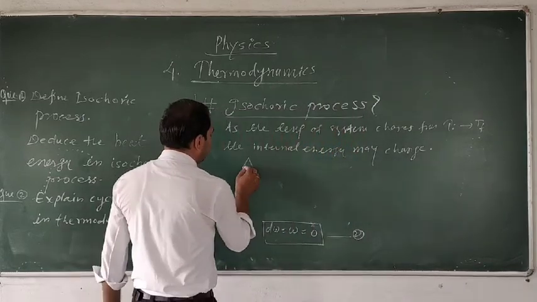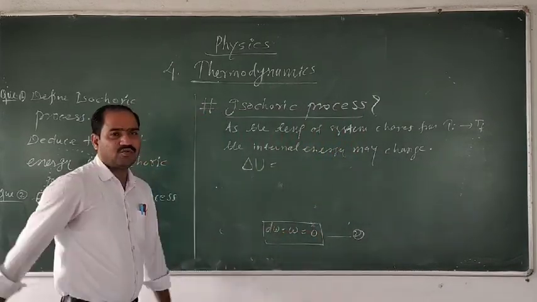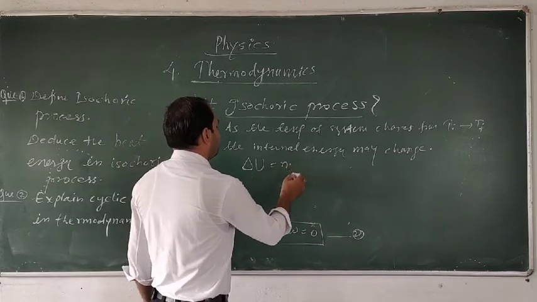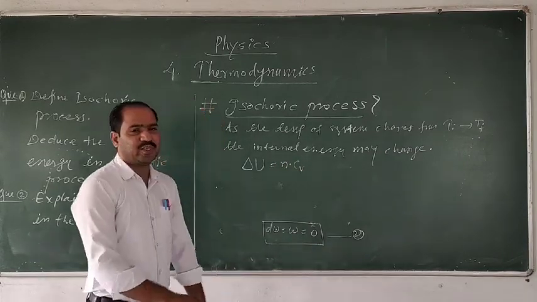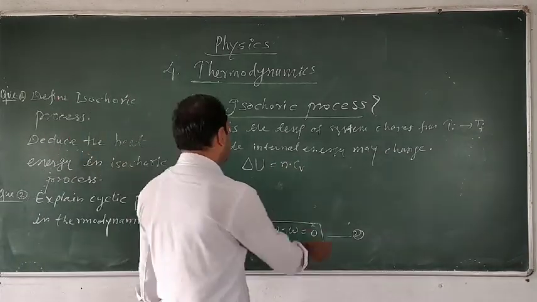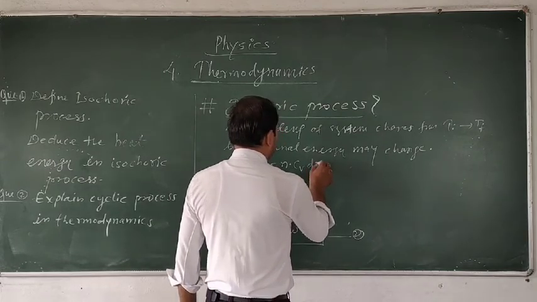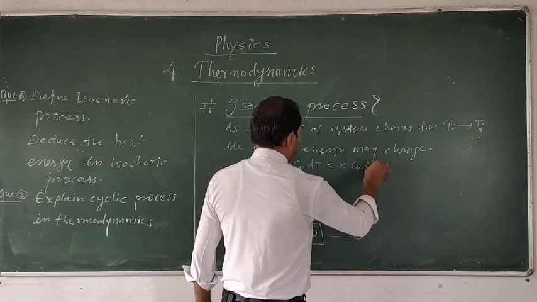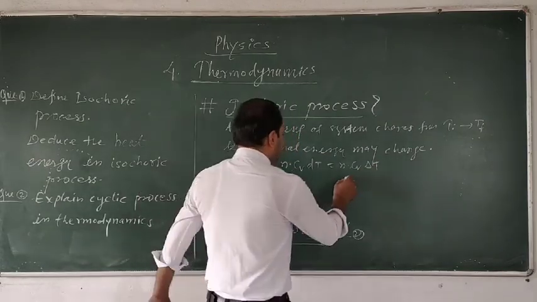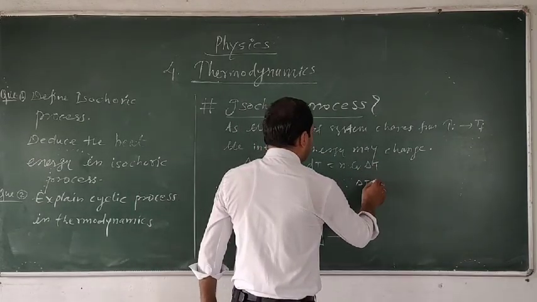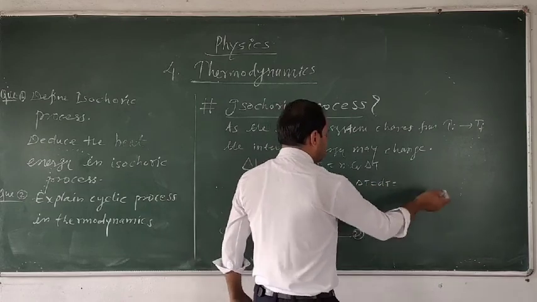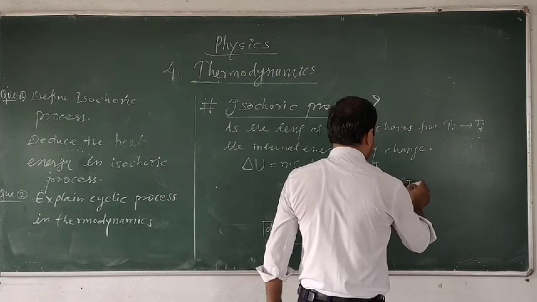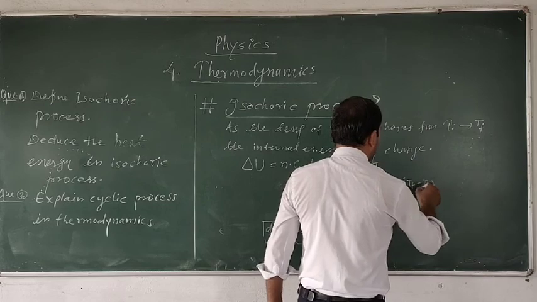Therefore, the change in the internal energy dU is equal to what? n is the number of moles of the gas, Cv is the specific heat at constant volume, so dU is n Cv dT, or n Cv delta T. Here delta T, or dT, is the change in temperature, that is Tf minus Ti.